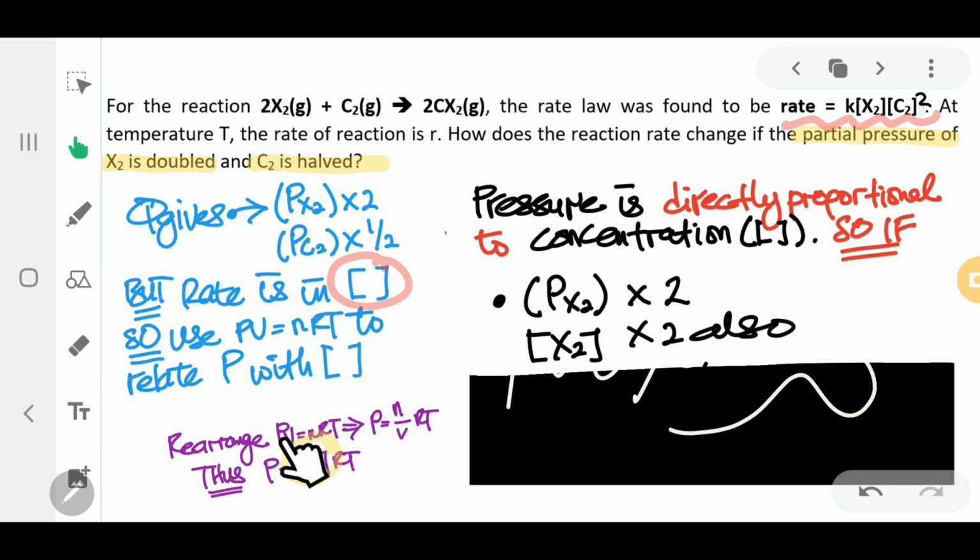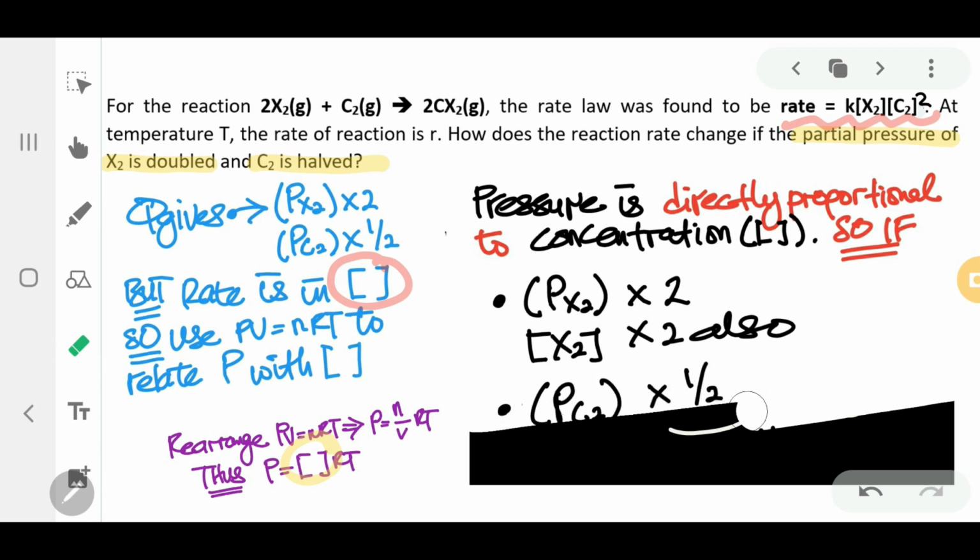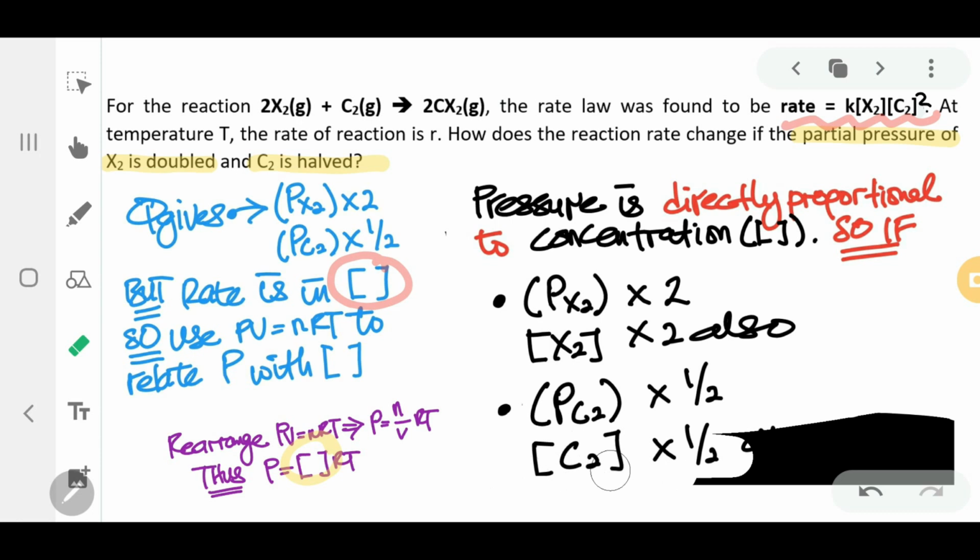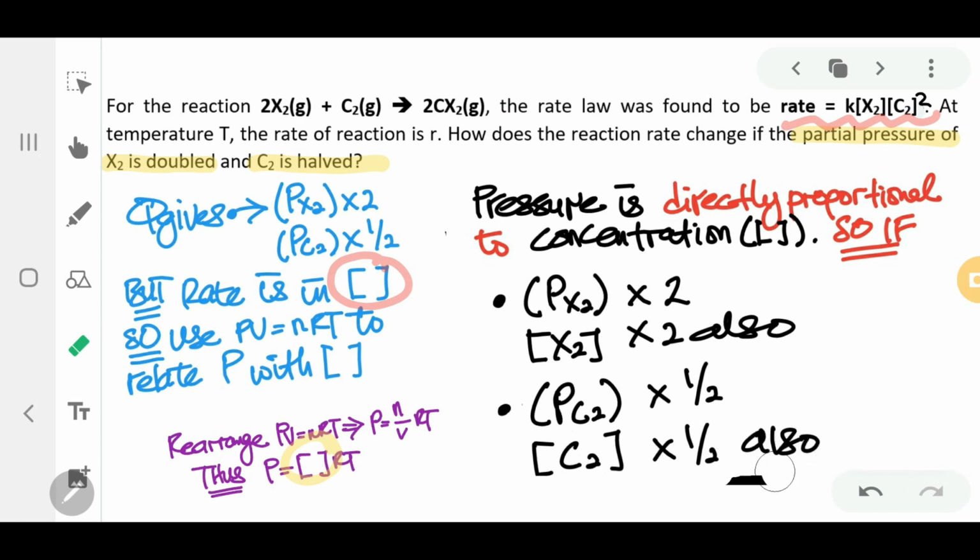And if the partial pressure is halved, the concentration of C2 gas is also going to be multiplied by 1/2. Why? Again, because pressure is directly proportional to concentration.